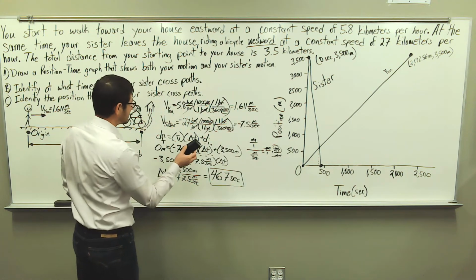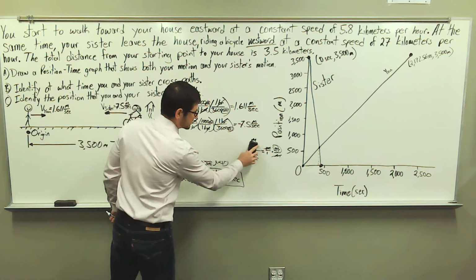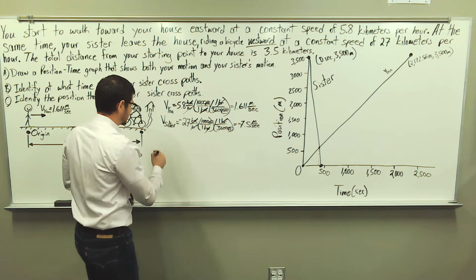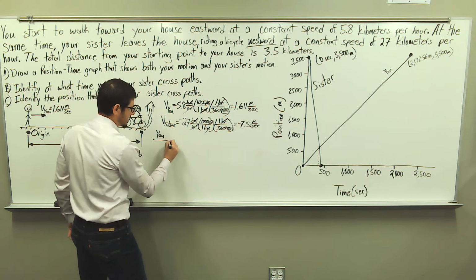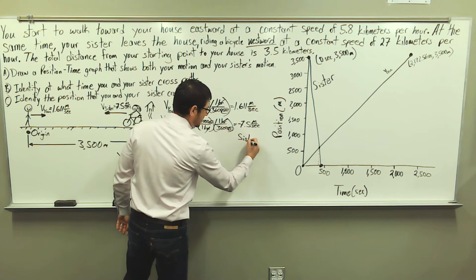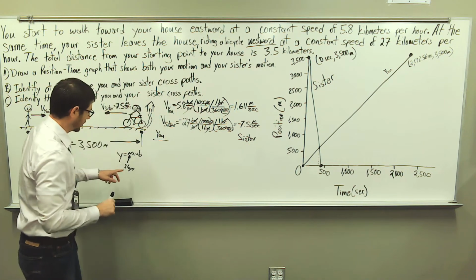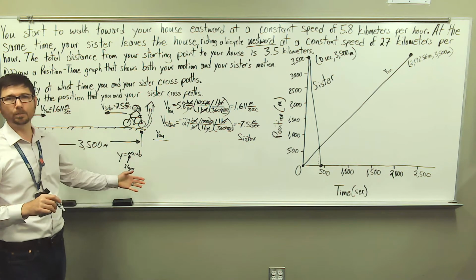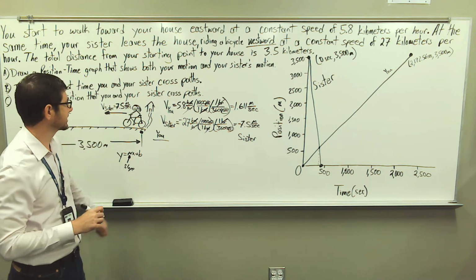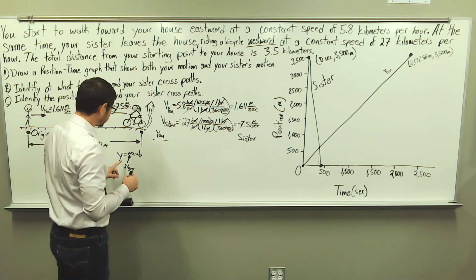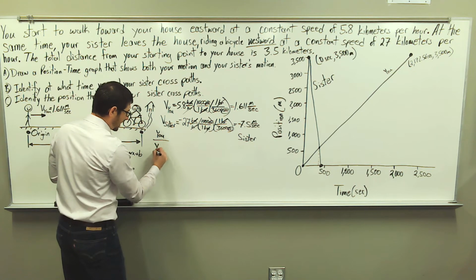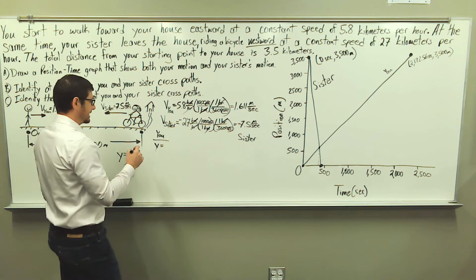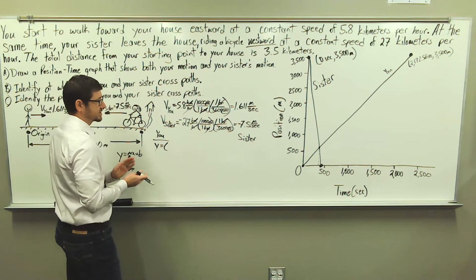So what we can do here, let me free up some room, is we have an equation for you and we have an equation for your sister. And we're going to put it in y equals mx plus b, our slope-intercept form for a line. And for you, y, our dependent variable, equals m, the slope of the line.